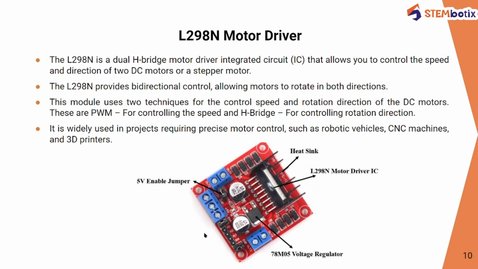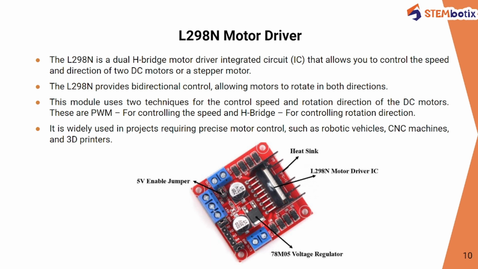Now below is the L298N motor driver module. This module has many components, and we will see these different components one by one. The first one, as you can see, is the L298N motor driver IC, or chip, which contains two standard H bridges capable of driving a pair of DC motors, making it ideal for building a two-wheeled robotic platform.